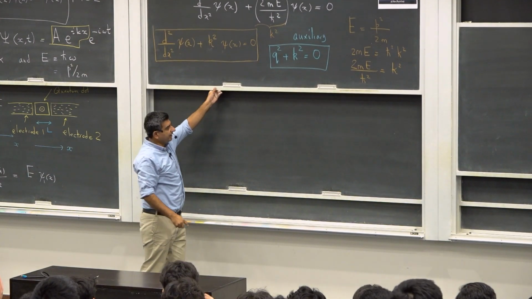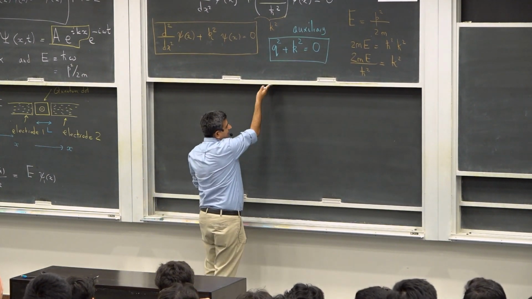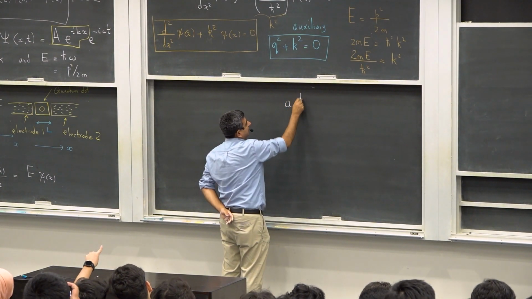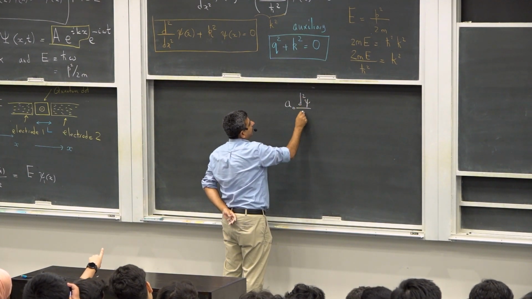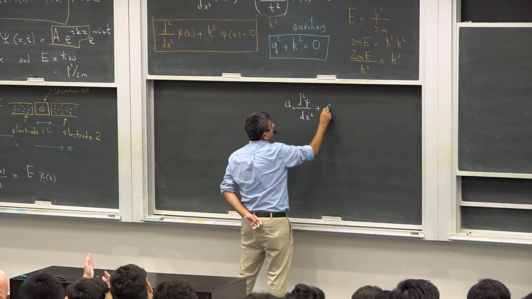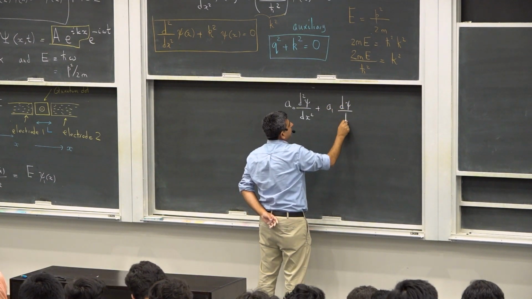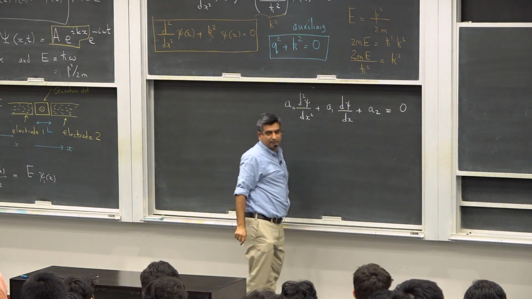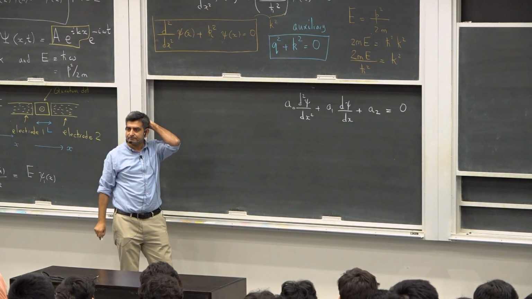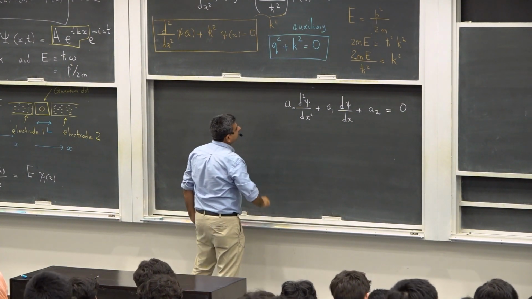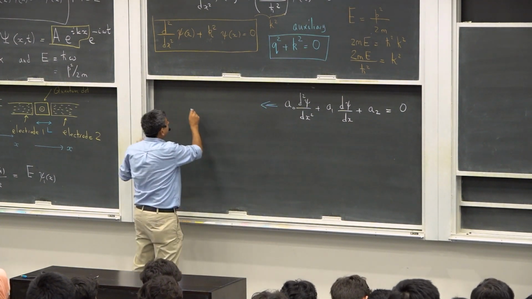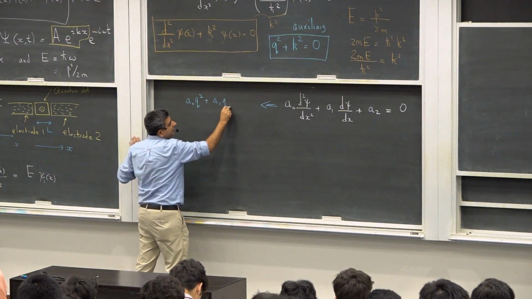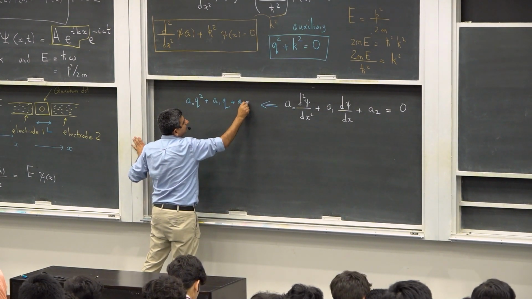For example, if I have a₀ d²ψ/dx² plus a₁ dψ/dx plus a₂ equals 0, the auxiliary algebraic equation that goes with this is a₀ q² plus a₁ q plus a₂ equals 0.